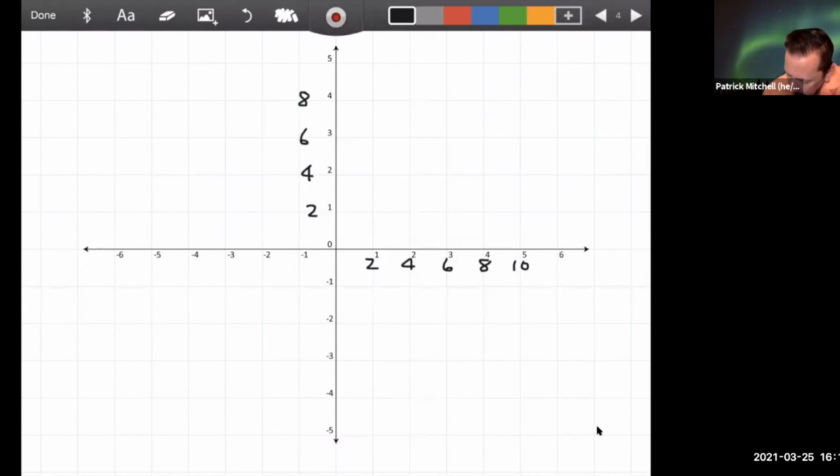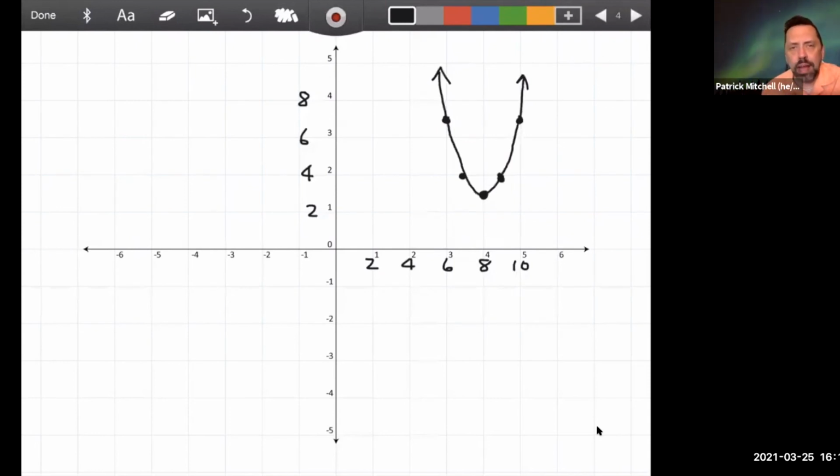All right, (8, 3) is right about there. (9, 4) is right about here. Because of the symmetry, I know I also have this point. And then (10, 7), that is right about here. Because of the symmetry, I know I also have this point. So my parabola ends up looking something like this.